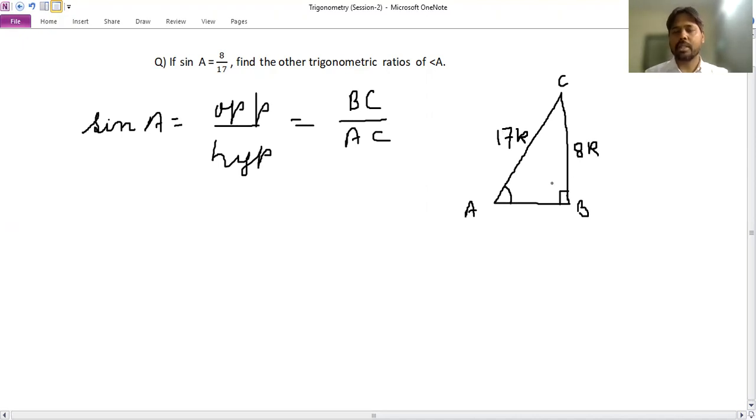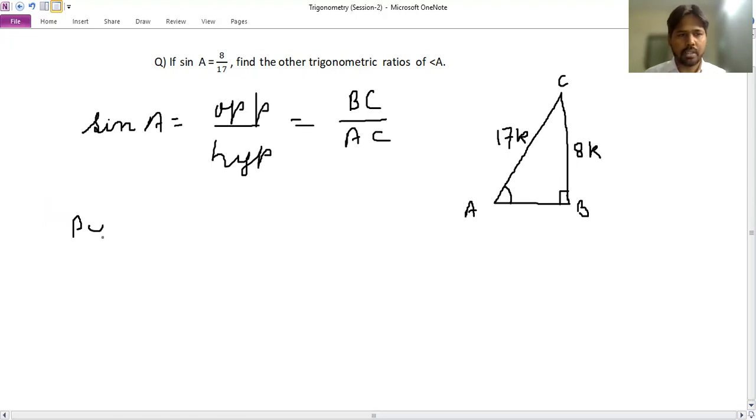Keeping this in mind, we will solve for the value of AB. How can we find the value of AB? By using the Pythagoras theorem. 8K is here.